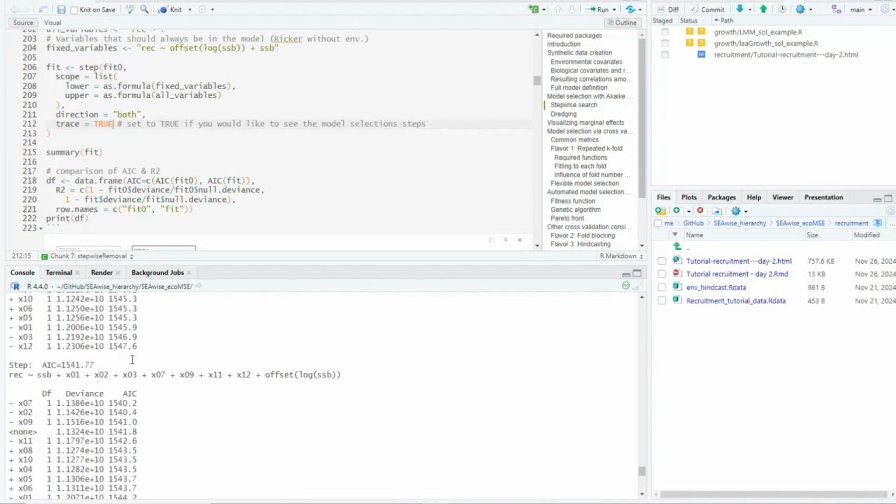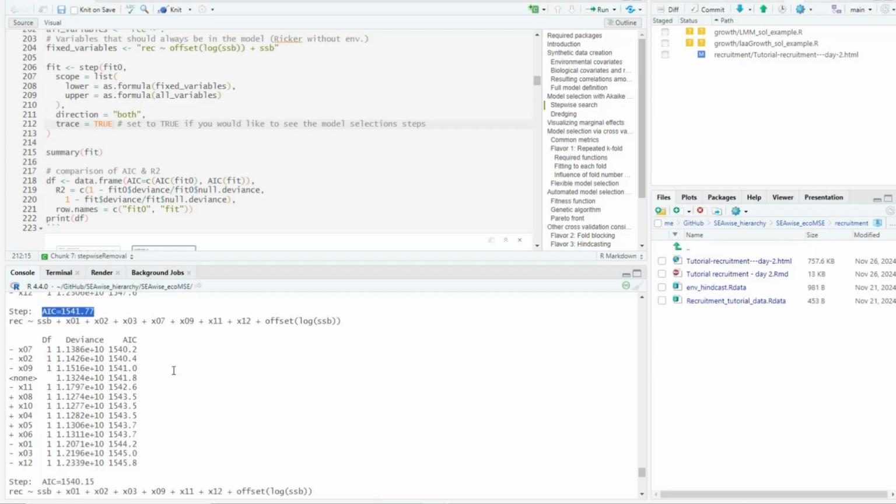The way to read this is at this current step, it had thrown out lots of covariates, and it's still got 1, 2, 3, 7, 9, 11, and 12. And this is the current AIC for that model. And it starts going through, and it's removing 7, it's removing 2, it's removing 9, etc., and looking to see if we can get a lower AIC.